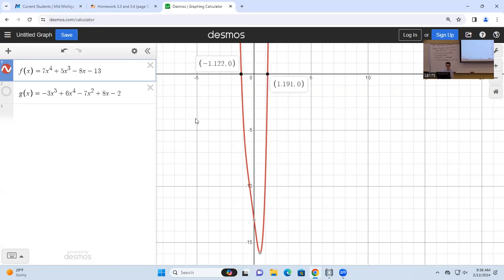In this case, they're not at very nice numbers, but we can see where they're at. And it has one turning point, where we go from, in this case, decreasing to increasing.